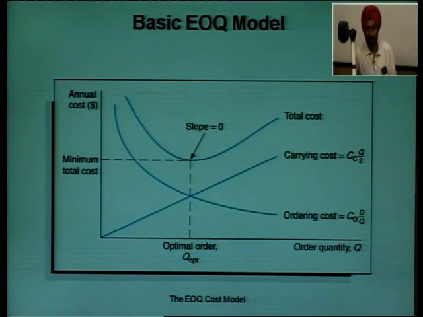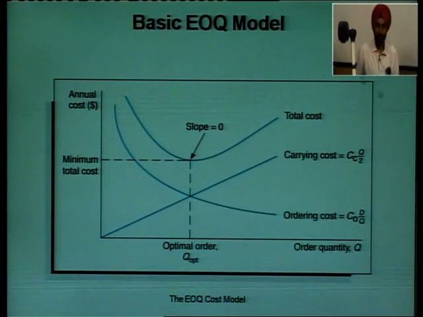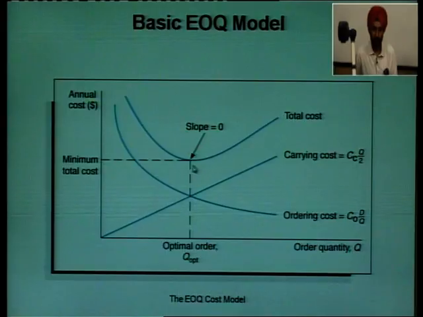Now, here we have to give a trade off between carrying cost and ordering cost. Carrying cost is increasing with the increase in inventory size, whereas ordering cost is decreasing because number of orders will decrease. So, here we have to make a trade off where this cost shall be minimum.